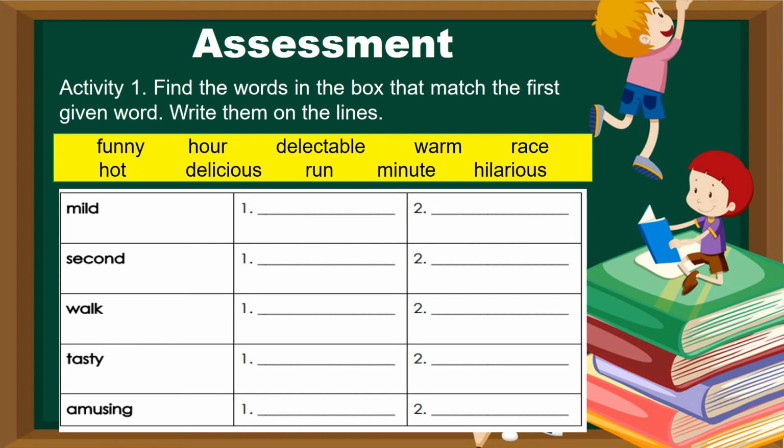The first word is mild. Second word, second. Third word is walk. The fourth word is tasty. Fifth word, amusing.